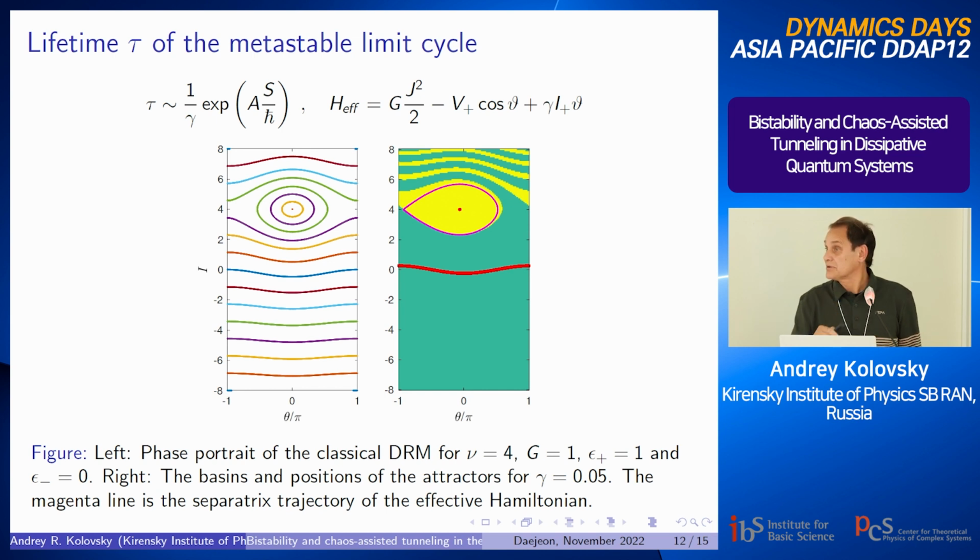This defines the area S below this separatrix trajectory. And this is the analytical estimate for the lifetime of the metastable quantum attractors, if you wish, like this one. This is the lifetime. Okay, so this is one result.